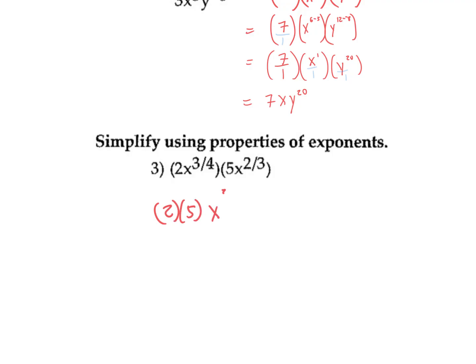And then we have x to the 3/4 times x to the 2/3, okay? And the reason for that is because we could just clearly see, oh, obviously that's a 10, right? And then it's going to be x to the, we have 3/4 plus 2/3. What is that?